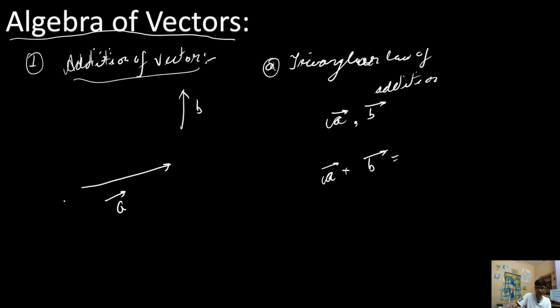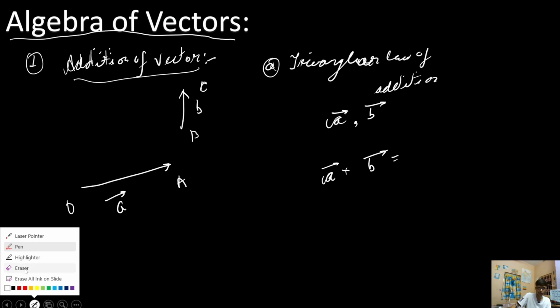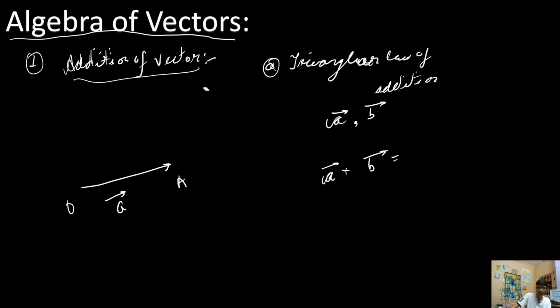Let us represent the endpoints by letters, that is OA, and this other one as B and C. If we want to add these two vectors A and B, and they are free vectors, then as the law says, you join the tail of the second vector, that is the B vector, with the head of the first vector, and then you finally join the tail of the first vector with the head of the second vector.